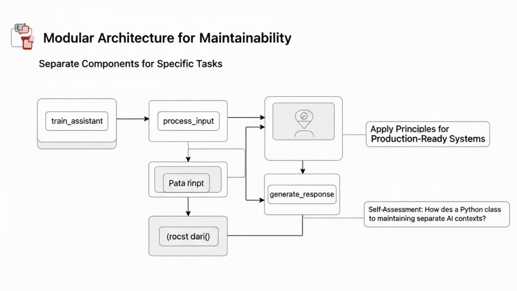For example, our train assistant function handles the logic for teaching the AI new skills, much like updating model weights in a real AI system. This modular approach is paramount. It makes our AI systems not only easier to understand and debug, but also highly maintainable and testable, which are critical principles for any production-ready software.